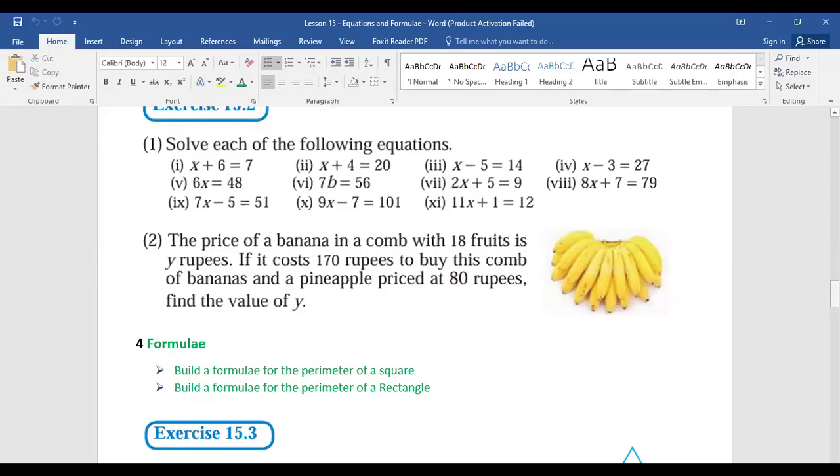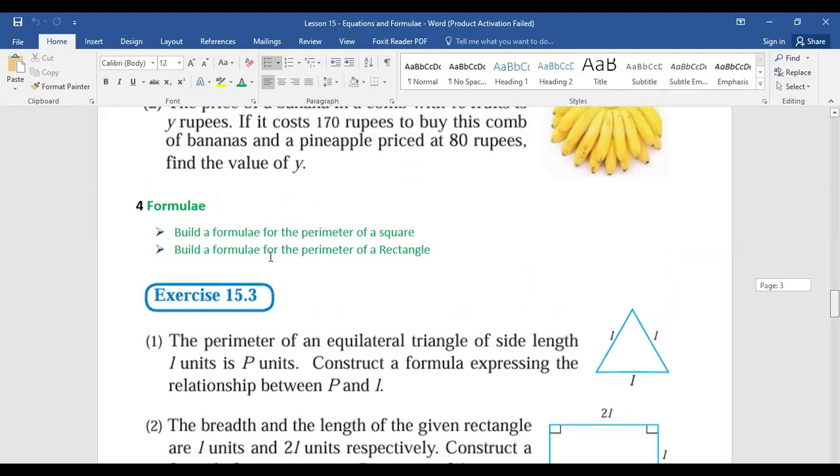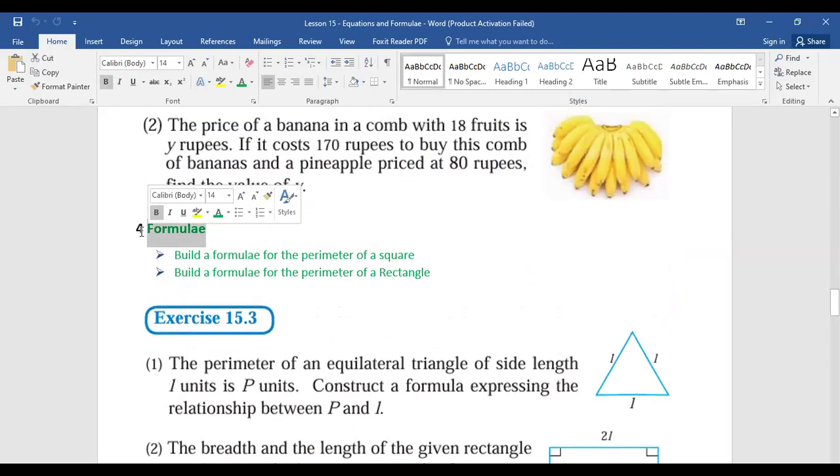Okay, formula. Please write down the formula. Fourth one means the subtitle formulae. So I will clear the board now.